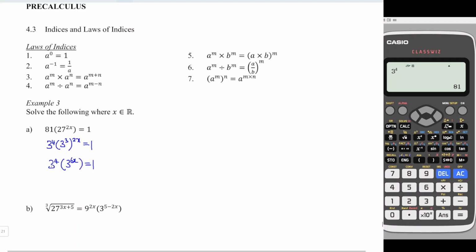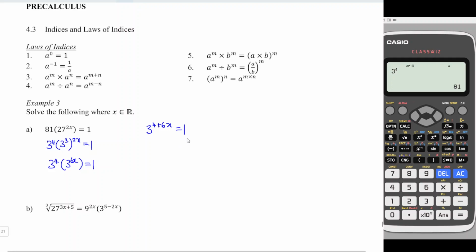Then next, we have the common factor here, common factor with different power, multiply. So we use law number 3, power plus together, which means that we have 3 to the power of 4 plus 6x is equal to 1.